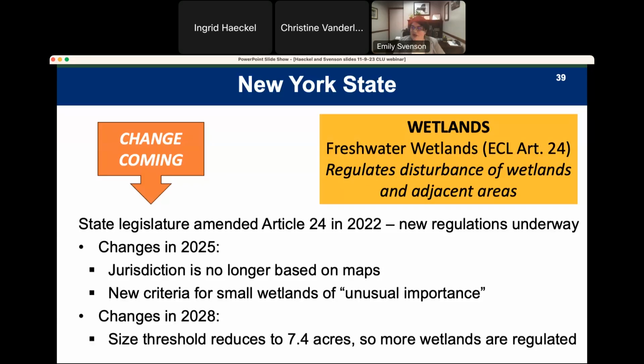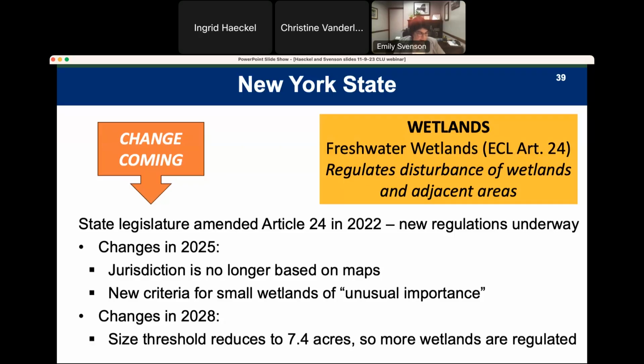The next set of changes, happening in 2028, is that the size threshold will reduce to 7.4 acres instead of 12.4. So wetlands that are 7.4 acres and larger will become regulated in 2028. And a note about the maps: even though mapping will no longer be the determination of whether something is regulated or not, DEC is not going to be abandoning their mapping.